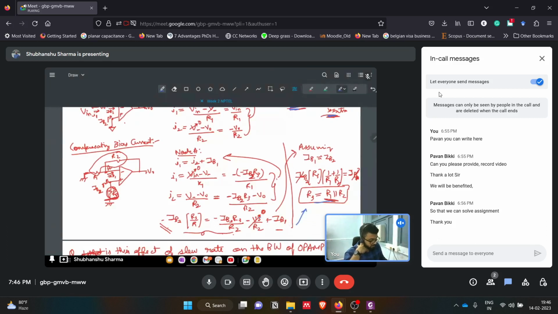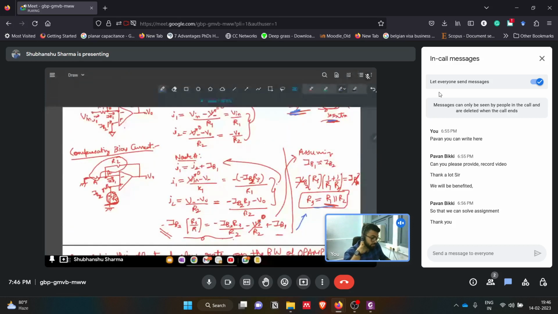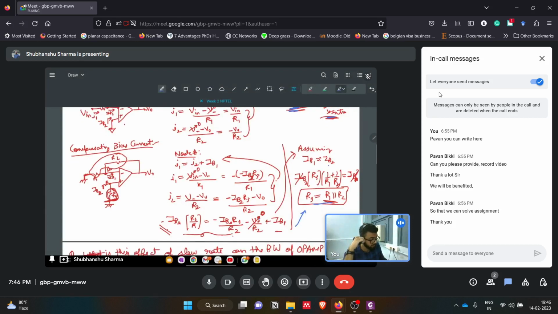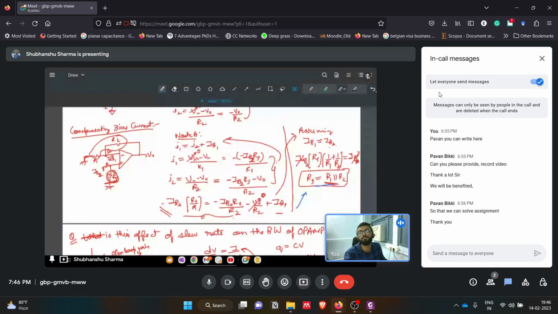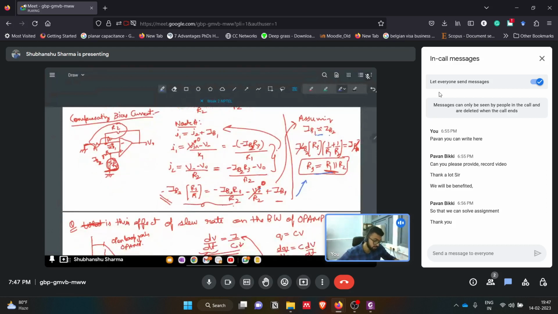But one assumption was there: IB1 should be approximately equal to IB2. If these two are not equal, then although compensation will be there, it will not be able to compensate the bias current values fully. But here we assume that if these are equal, then R3 equal to R1 parallel to R2 will work.